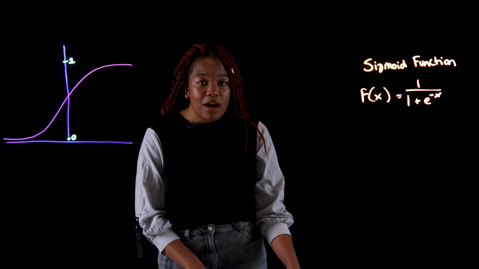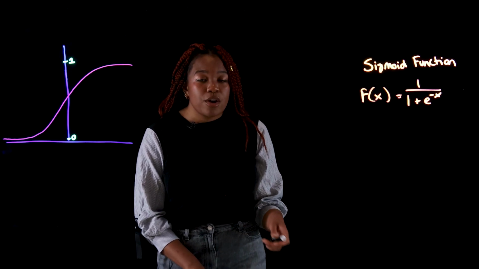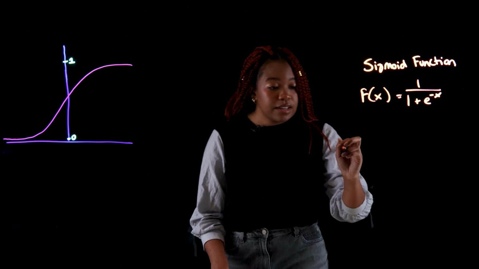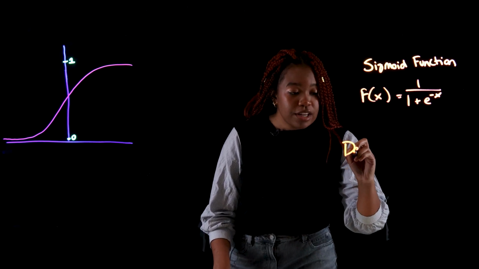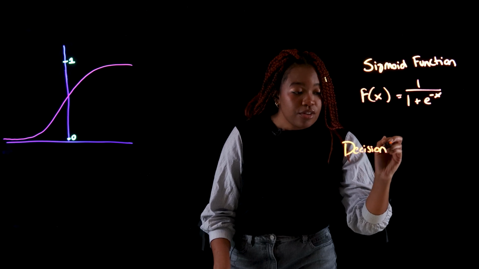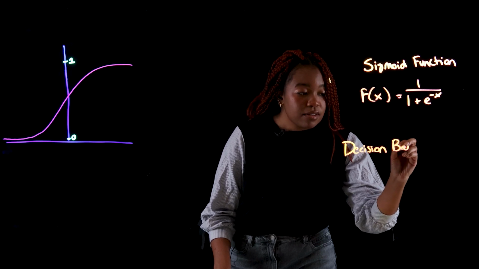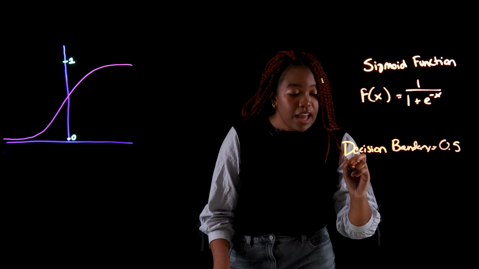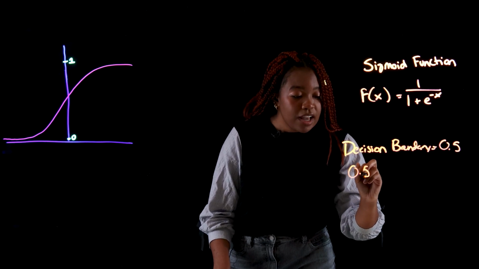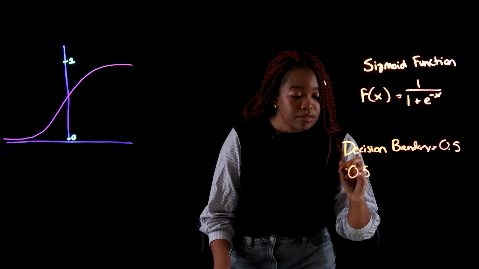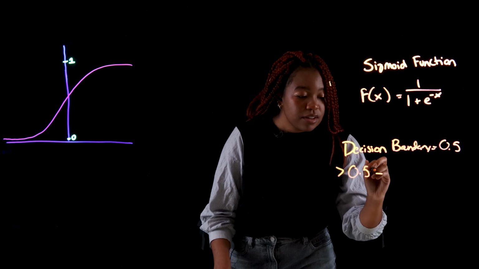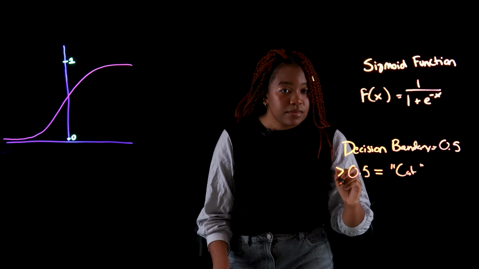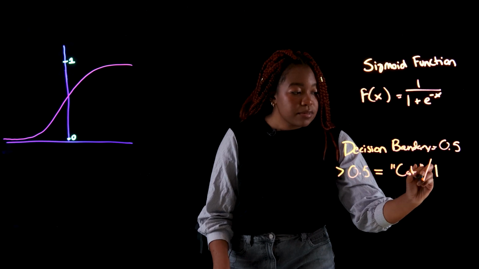We use a decision boundary to determine at which point we will assign each data entry to each category. If the decision boundary is 0.5, that means that for any probabilities of 0.5 or greater, it will be in the cat category, or 1.